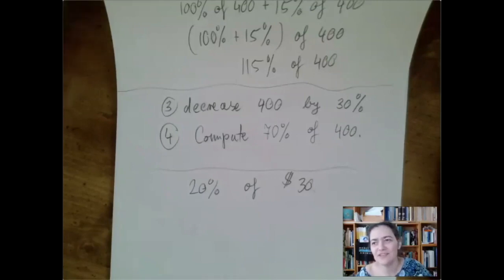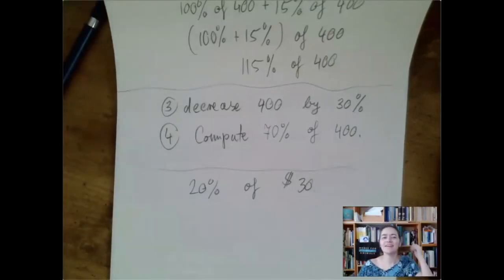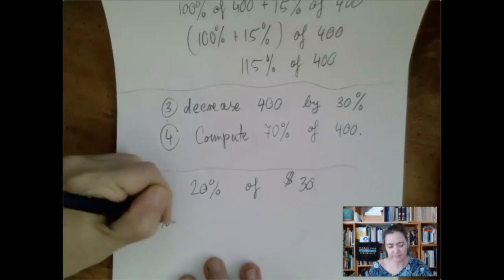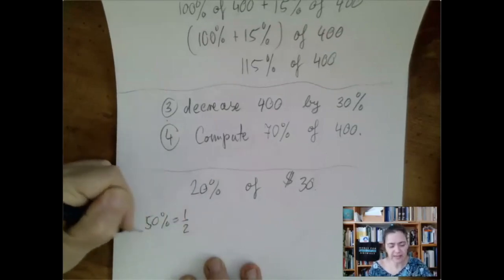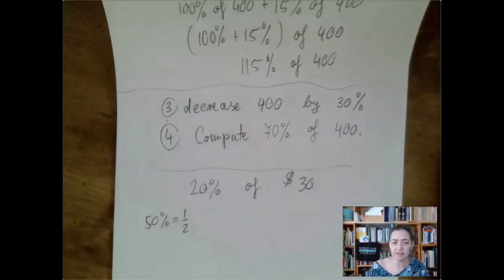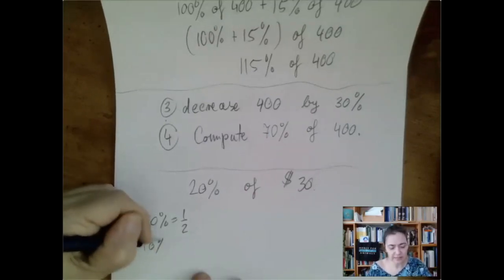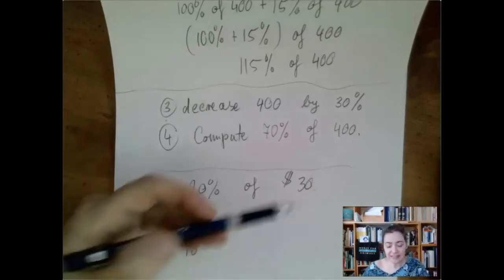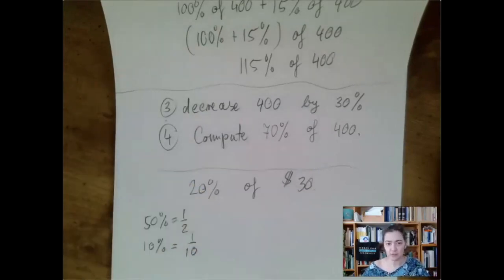Oh, there's some generous tipsters here. So 10% is 1/10. 50% is 1/2, right? And you can do the math, 50 over 100, simplify to 1/2. 10% is 1/10, which if the number ends in a 0, just lop off that 0.